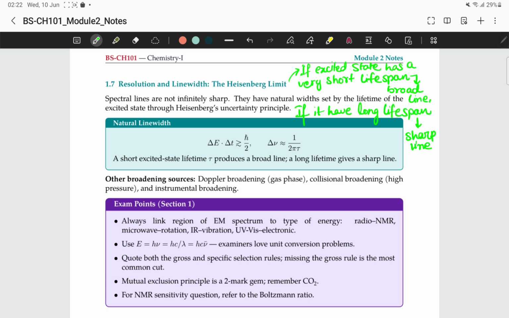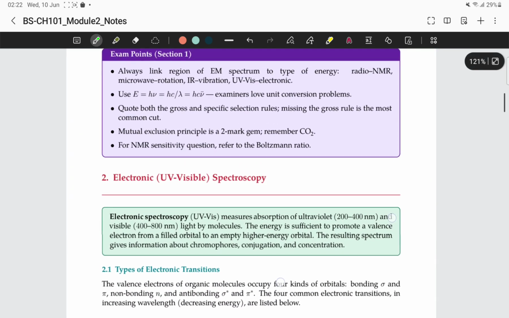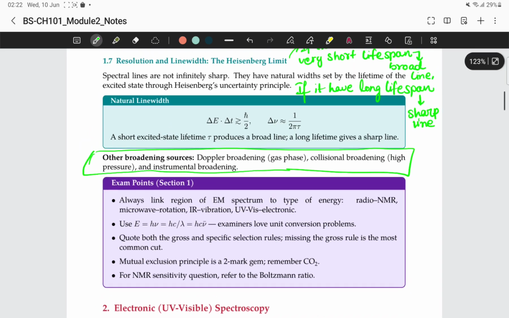And these other broadening factors are definitely going to affect your line broadening. When you see these real life effects, the line gets broader. That's the simple thing I could say. So let's wind up over here, let's not drag it out, and meet you in the next part.